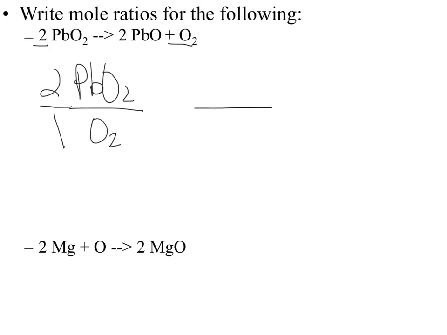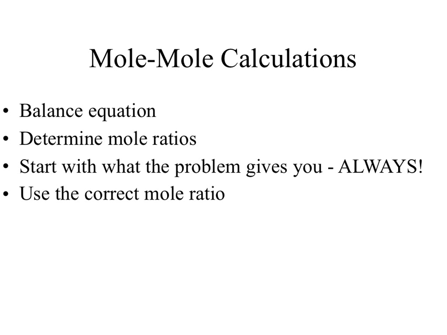We could also compare our 2 moles of our reactant to our 2 moles of our lead oxide on the product side. So that is how we do mole ratios that we're going to end up using in our problems.